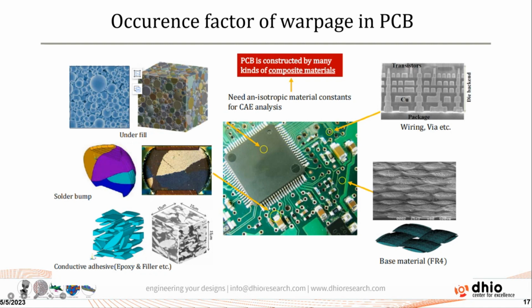The different electronic segments in the PC board can be constructed. It's of composites only. So these are the different composite materials available in the PC board. So you can use multiscale SIM to extract the electromagnetic material properties for these materials.